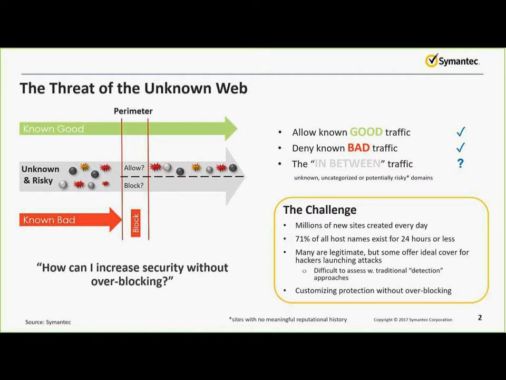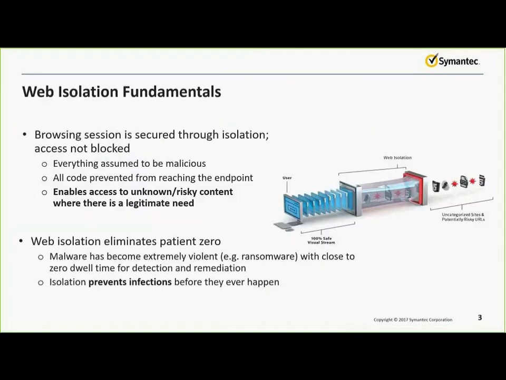So web isolation itself takes the user's request for a website and it downloads, executes and renders that website in a secure network isolated environment and then delivers the visual representation of that into the user's browser.